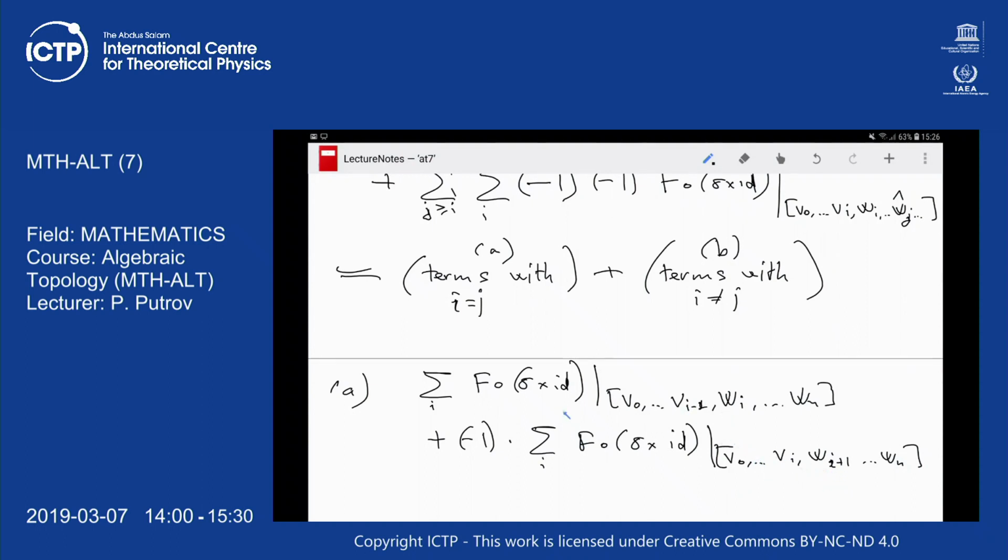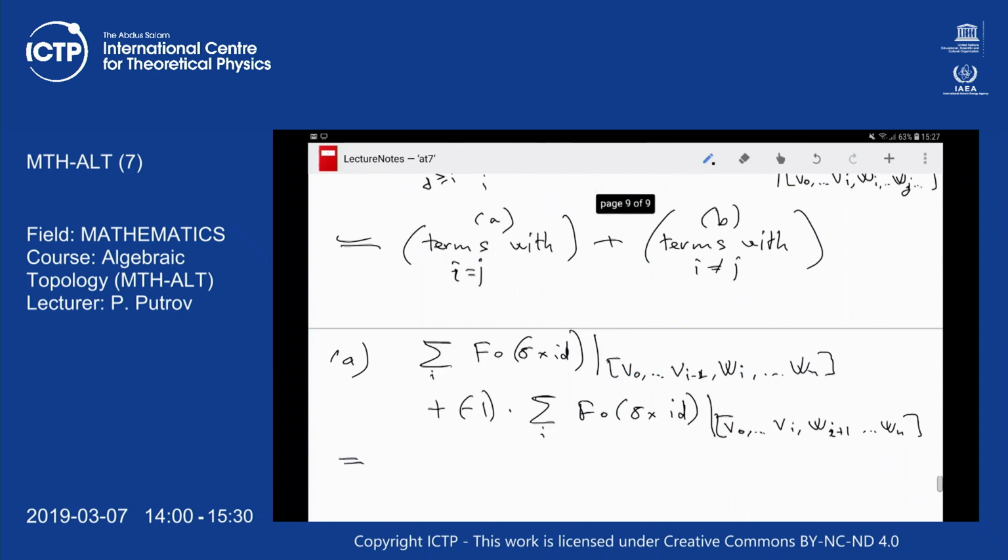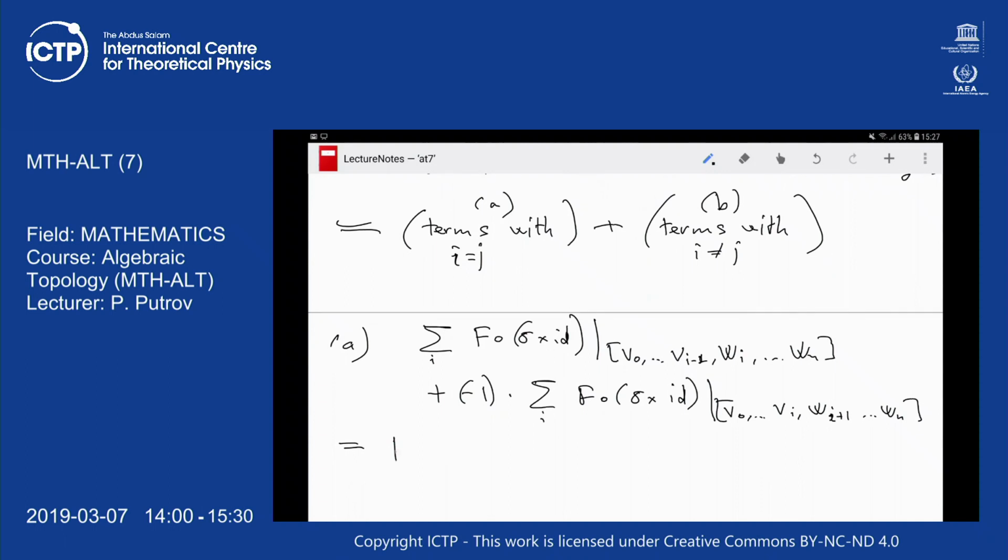So almost all terms here will cancel. There will be only the term with I equals 0, which will not be paired up with any term here, and the last term in this sum, which will not pair up with anything from here.